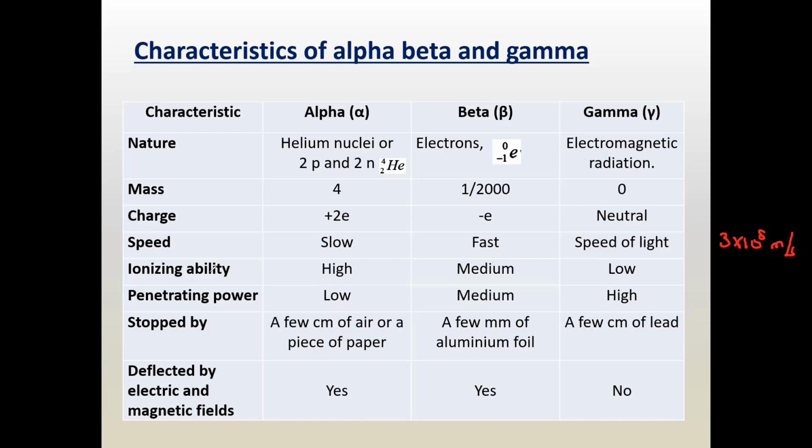Ionizing ability. What is the meaning or concept of ionizing ability? Ionizing ability means the tendency or property of these radiations to knock out an electron from an atom. Like we have neutrons and protons inside the nucleus, and around the nucleus there are particles which are moving around.